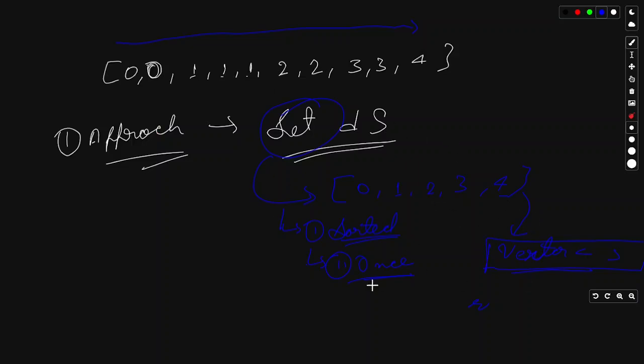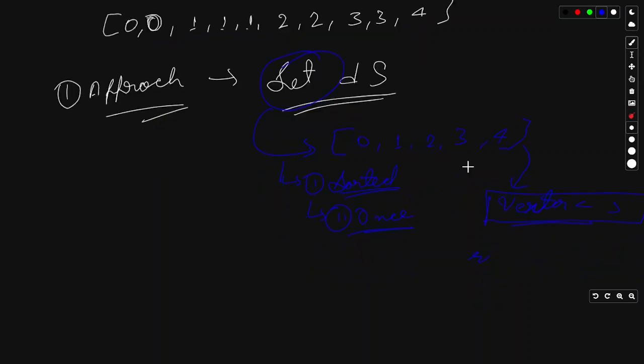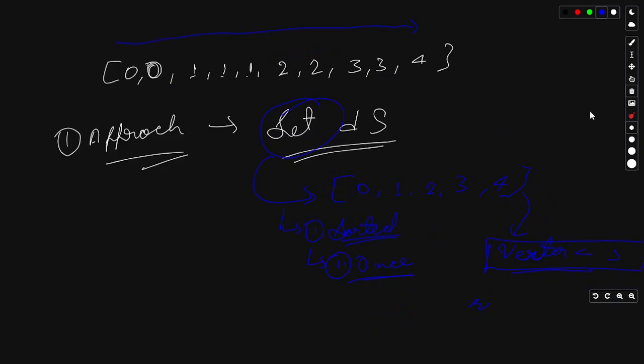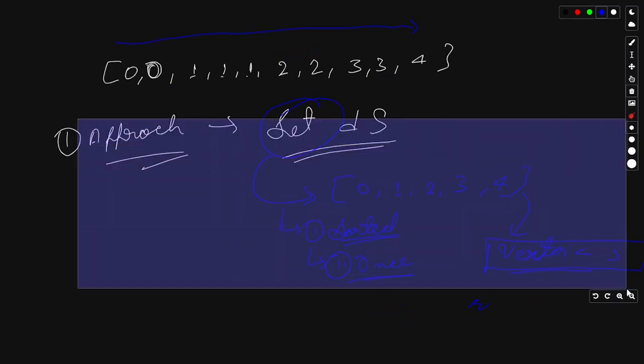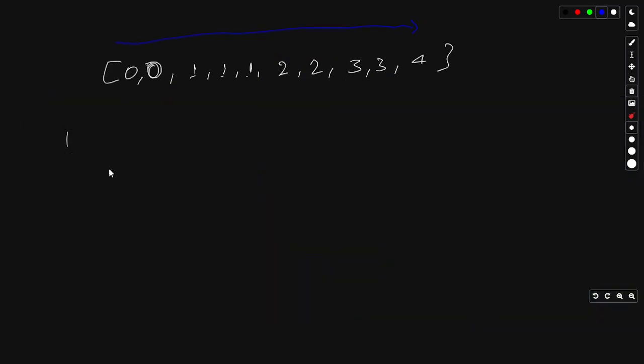We don't really require a new array to return anything. So this is the very first approach to this problem, quite easy if you understand how to implement such a data structure.